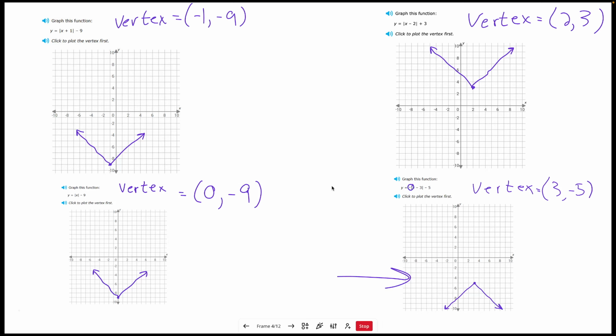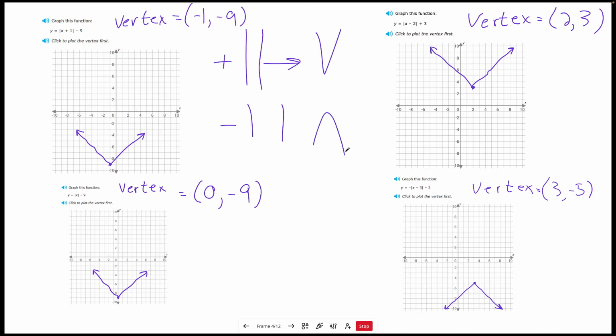So rule number one is that if it's a positive in front of the absolute value, then the graph looks like a V. If it's a negative in front of the absolute value symbol, then it is flipped over. Rule number one.